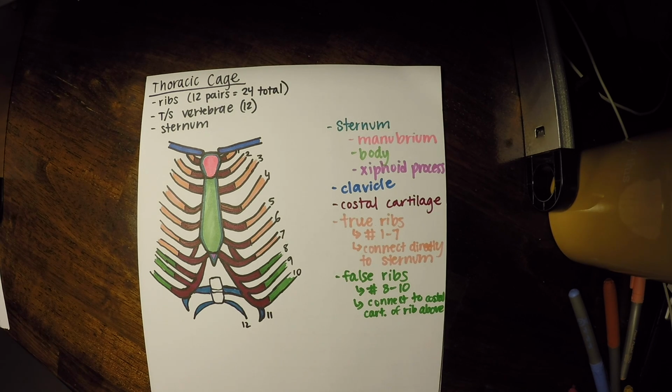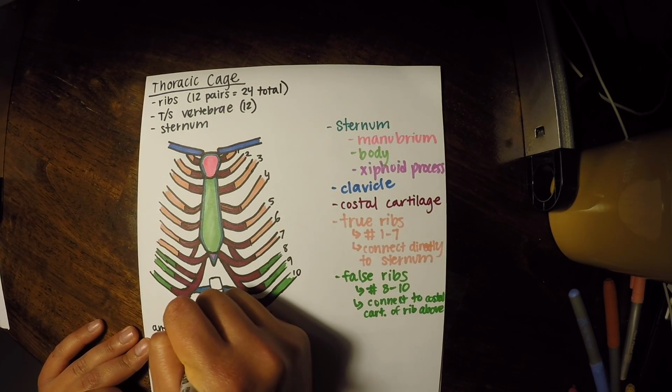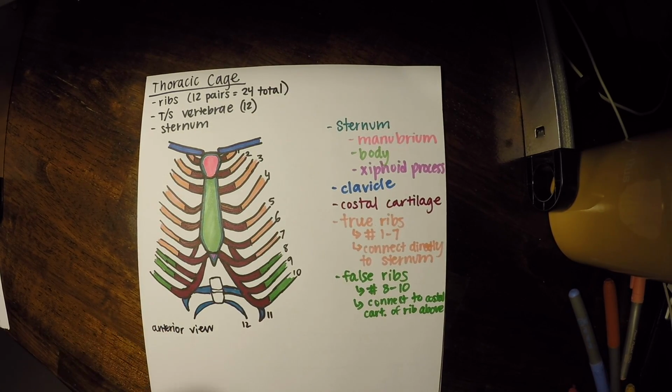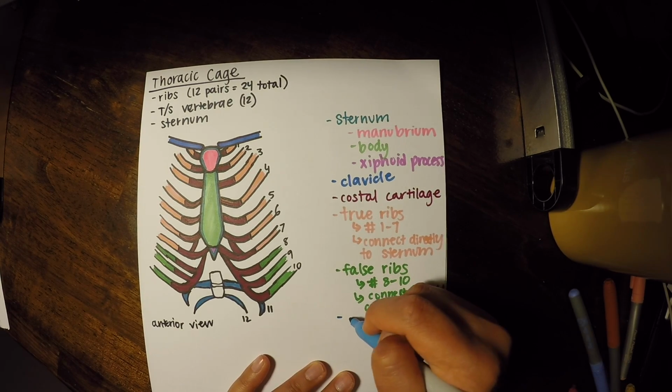But oh, I didn't even write that this is an anterior view. I should have done that at the beginning. But anyway, alright, so we have ribs 11 and 12. Those are called our floating ribs.